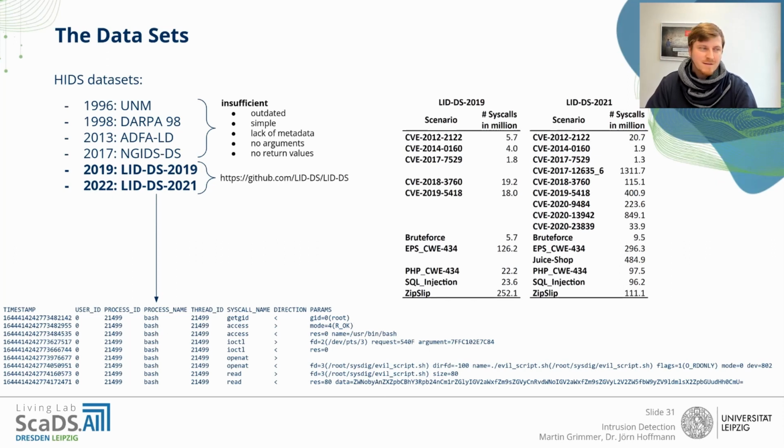We have different scenarios there named after the security incident or the common vulnerabilities and exposures number here. For example, this is the infamous Heartbleed bug. And I hope that this data set can help us and other researchers to enhance the research here.